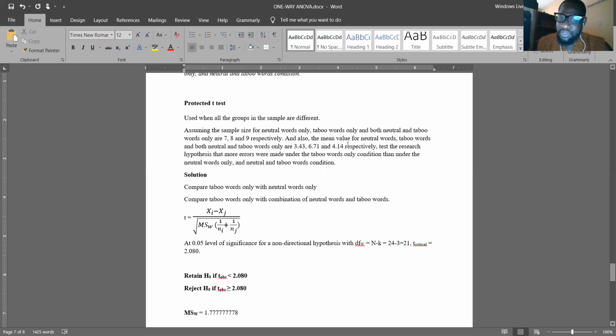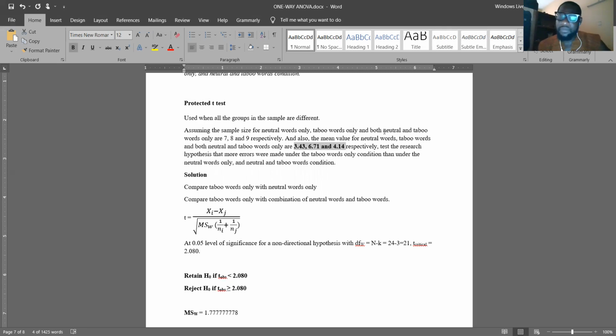And we also are assuming that after calculations, we had mean values of 3.43, 6.71, and 4.14 for participants in neutral words only, taboo words only, and those in both conditions respectively. So these are the assumptions we are making.